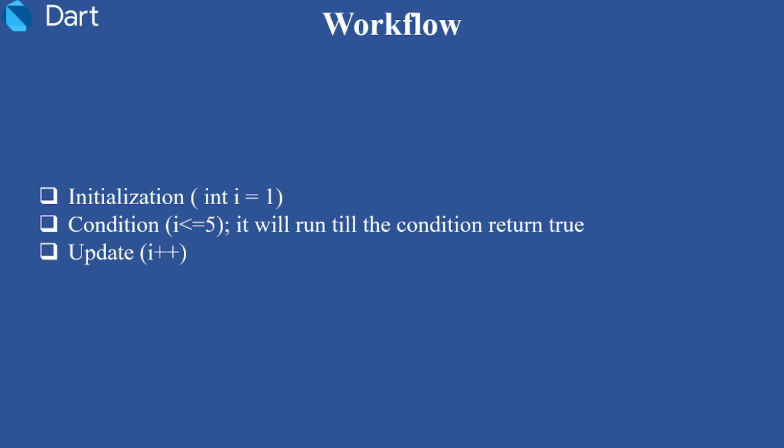Once the condition returns false, it will break the loop and stop executing. And another one is update. It will change the value after every single loop. So now let's explore the for loop.